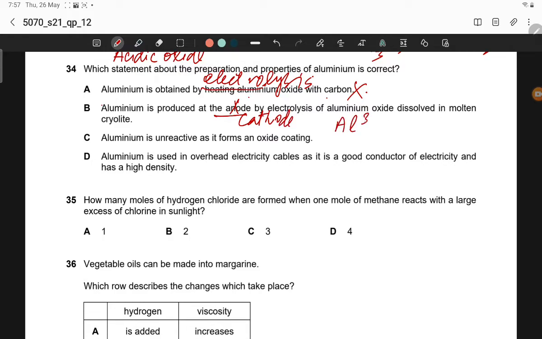This is the reaction at the cathode. Aluminum is unreactive as it forms an oxide coating. Yes, it is correct. Is used in overhead electricity cable as it is a good conductor of electricity and has high density, low density. So this is incorrect.